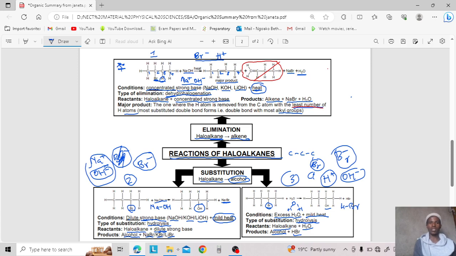That's why it's called dehydrohalogenation. The type of reactions here for creating alcohol are both hydrolysis, not hydration. When we create alcohol by addition from an alkene it is hydration, but here it is hydrolysis. This is what we have for reactions of haloalkanes.